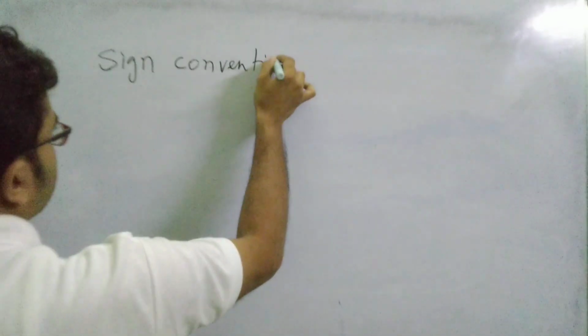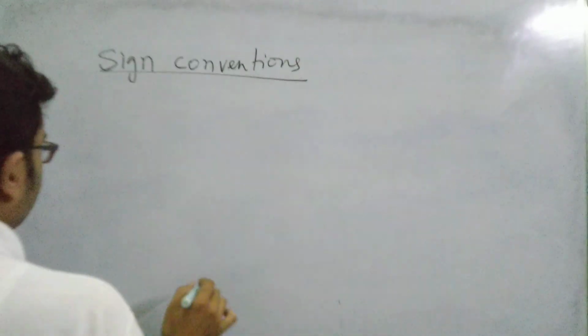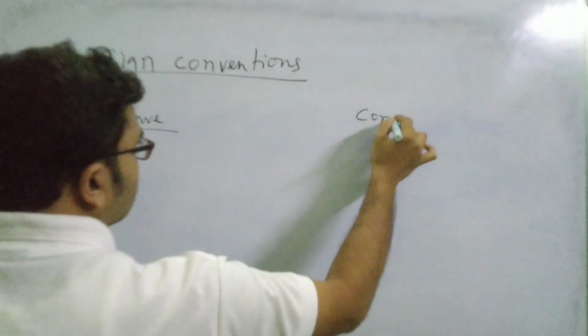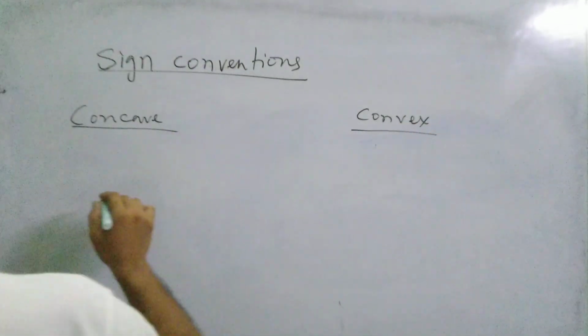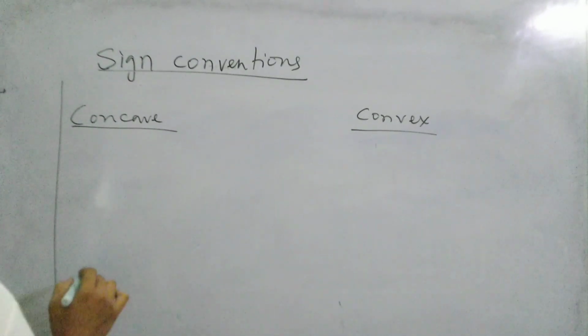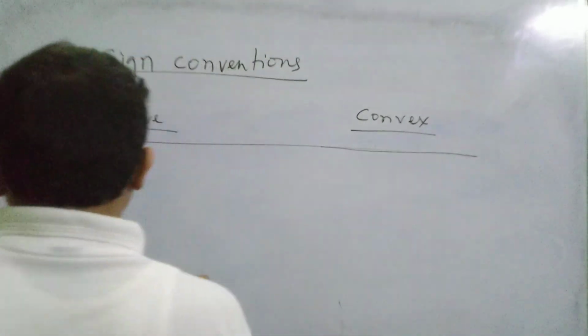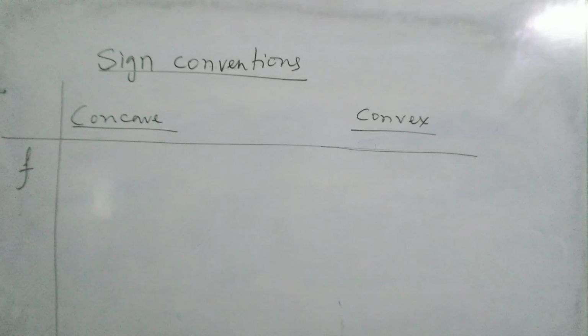So for a concave and convex mirror, what are the sign conventions? Let us go through it once again quickly. First of all, the focal length f for a concave mirror is negative.